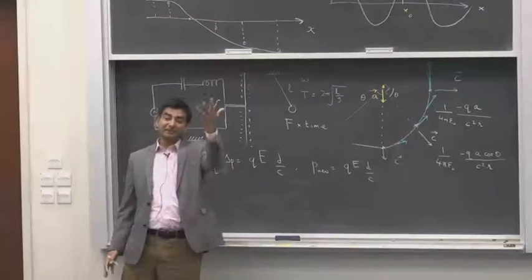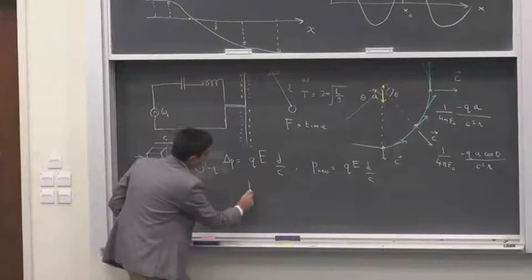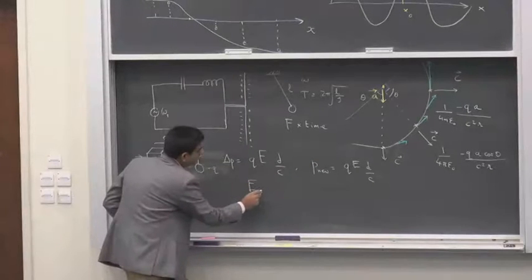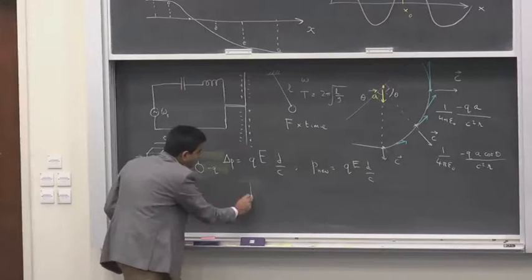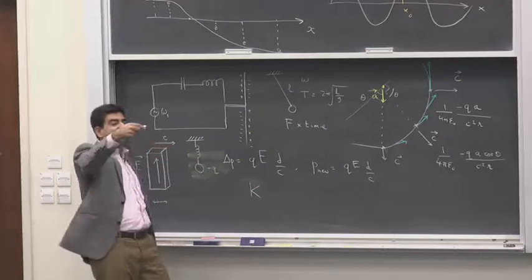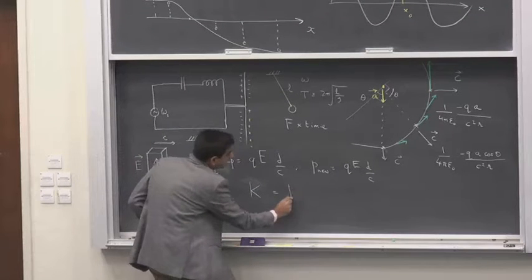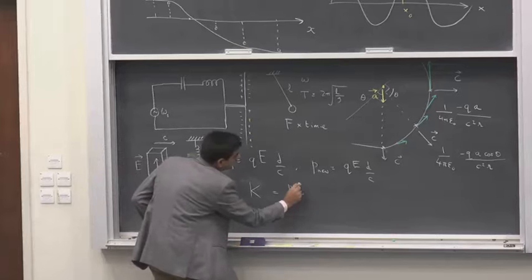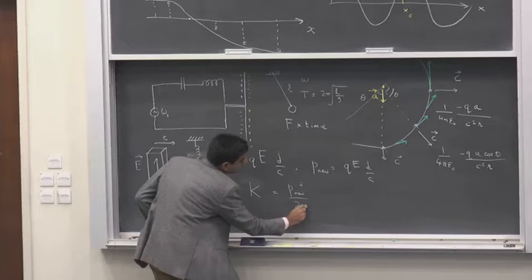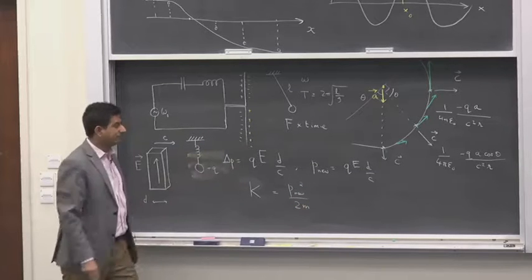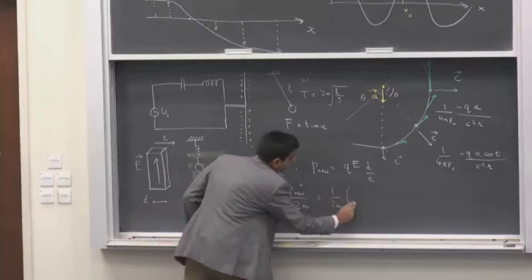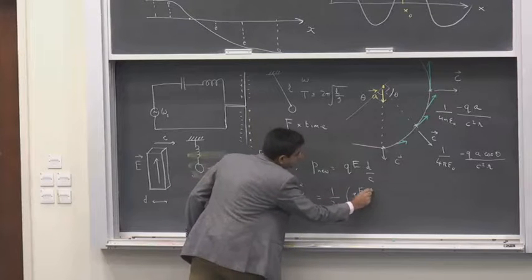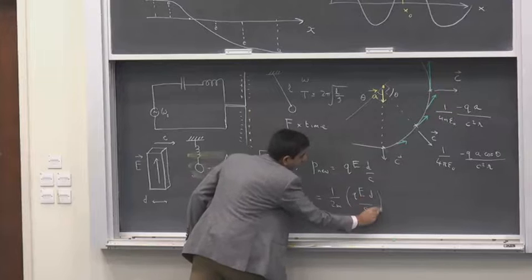So it gains energy. The energy it has gained, I don't want to call this E because this confuses with the electric field, I call it K. The new kinetic energy gained is given by P new squared over 2m. That's just 1 over 2m times QE d over c, squared.